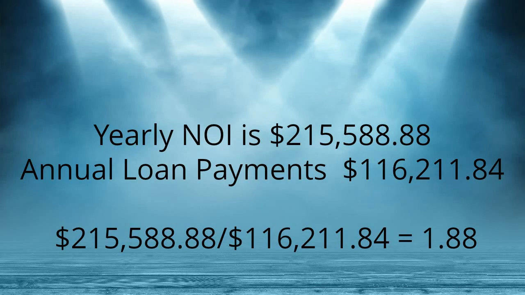So if your yearly property NOI is over $215,000 and the annual loan payments are just over $116,000, then you would divide the $215,000 NOI by the $116,000 annual loan payments, which would equal 1.88. Let's make this simple. The income from this property every year will pay the loan payments 1.88 times.